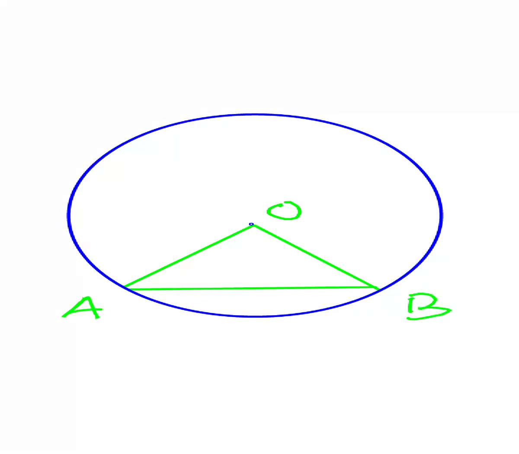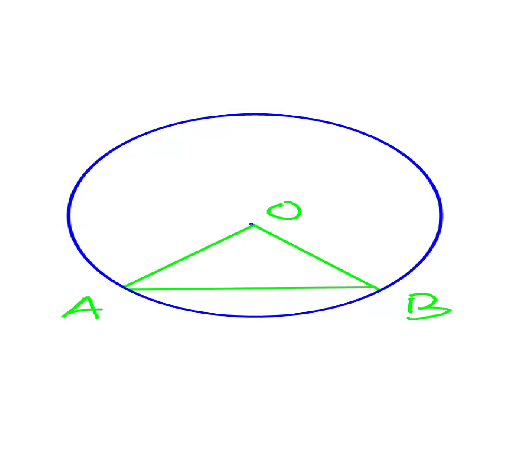So what do you think? What kind of triangle is it? Is it an equilateral triangle? Could be an isosceles triangle, or could be something else. Suppose I draw any triangle and one of the vertices of that triangle is center O, and the other two vertices are always lying on the circle, then what kind of triangle would it be?